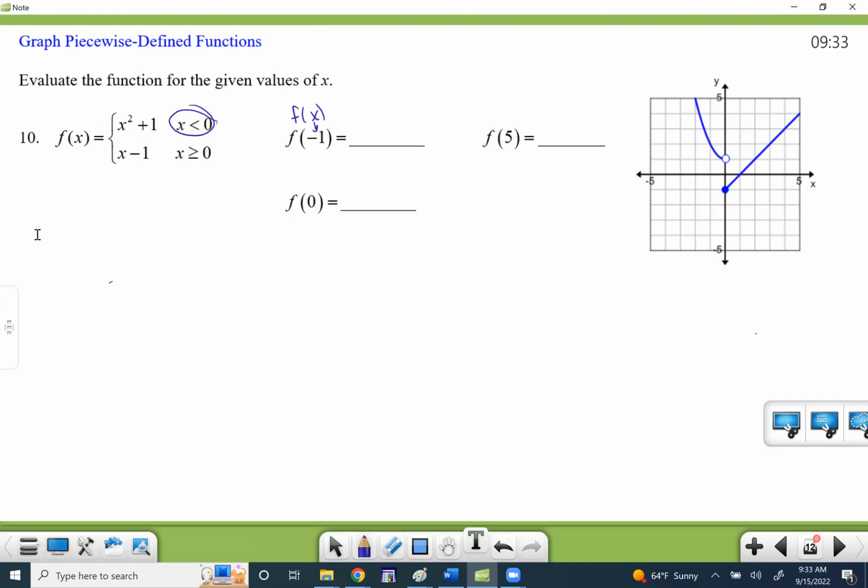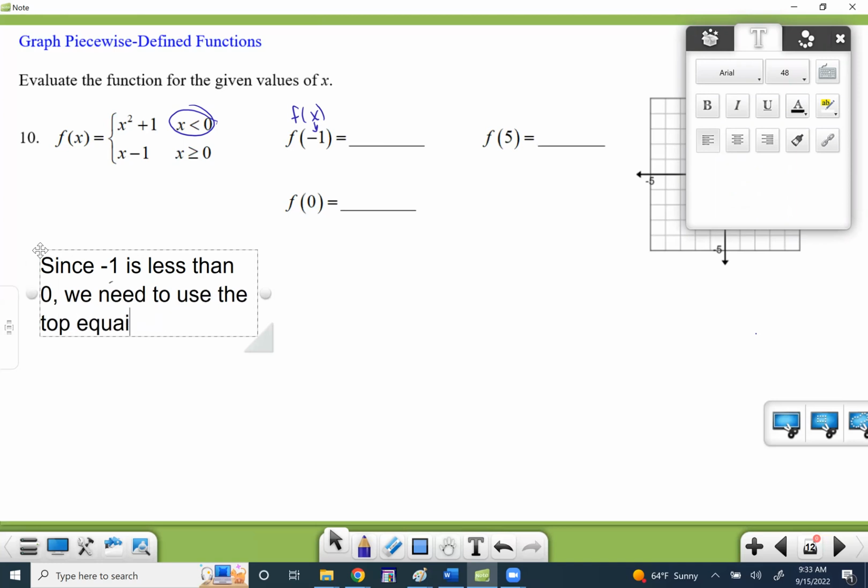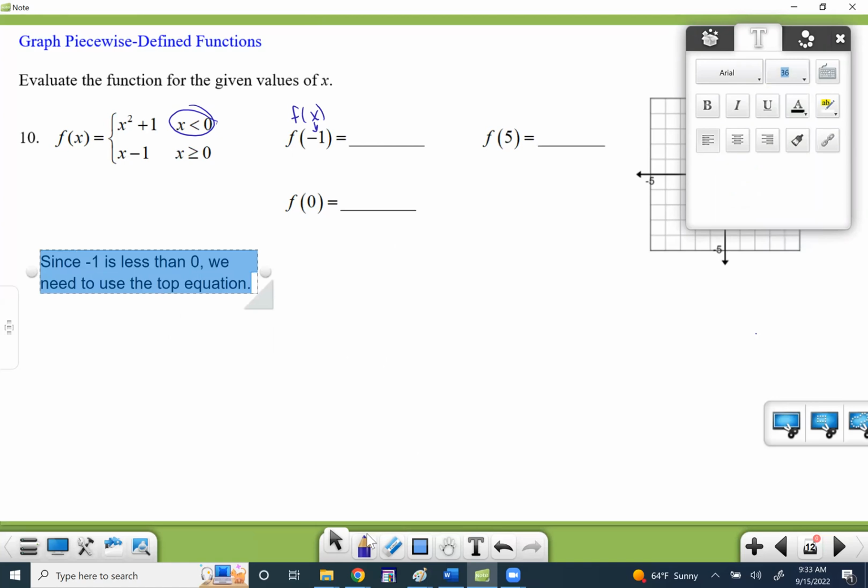Okay, so I'll put this over here. Since -1 is less than 0, we need to use the top equation. Let me make this a little smaller. There we go.